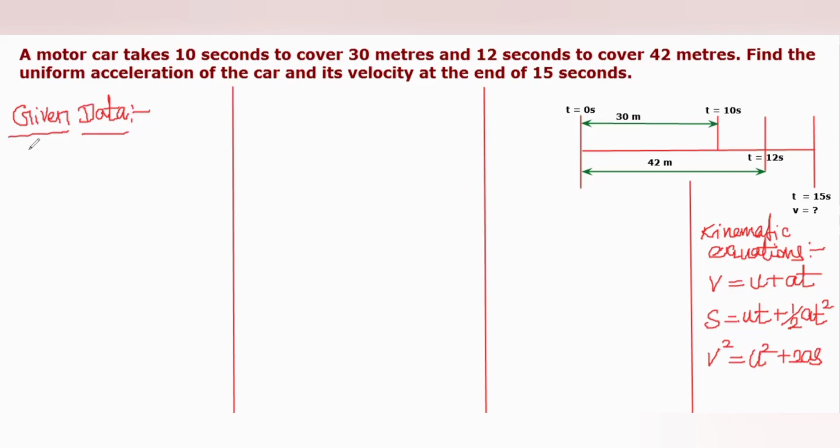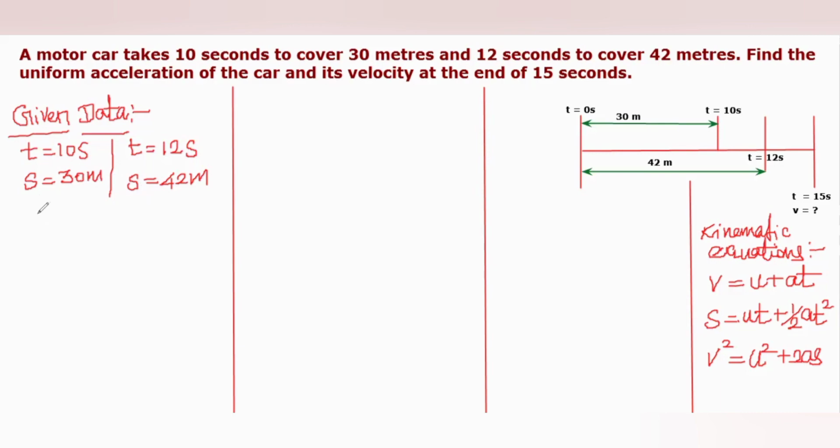At t equal 10 seconds, it covers a distance of 30 meters. This is one observation. The second observation is at t equal 12 seconds, it covers the distance 42 meters. So these are the two different observations.